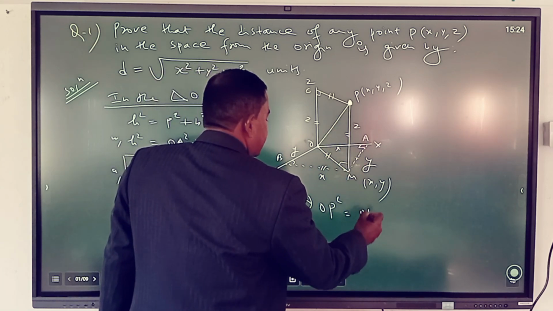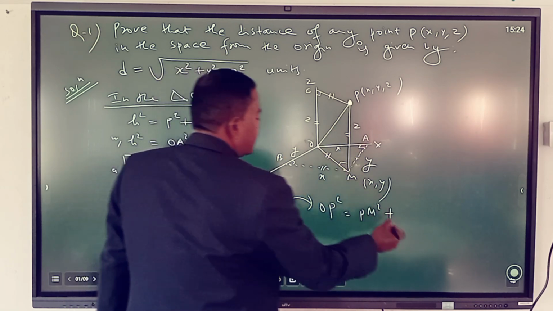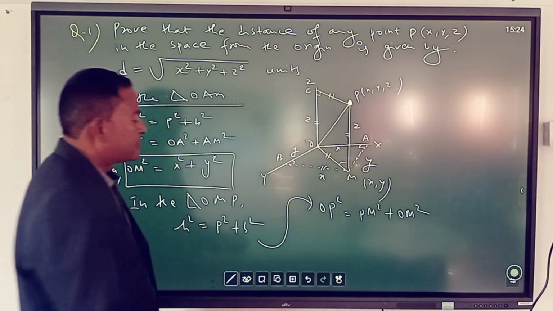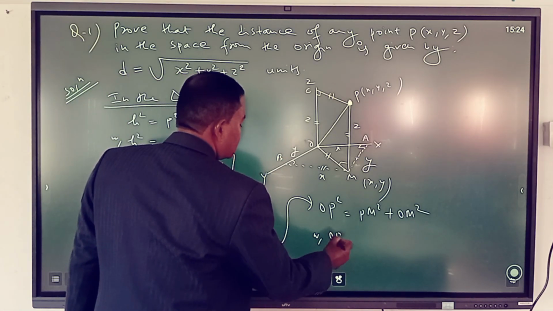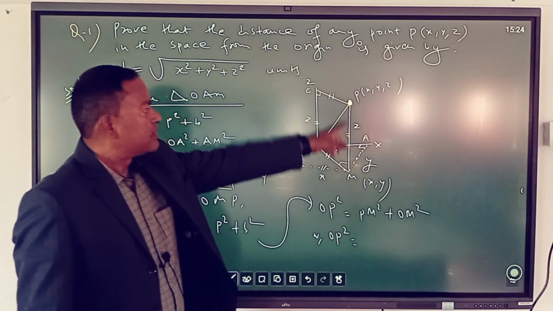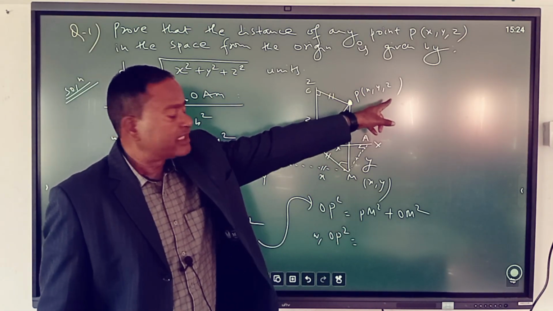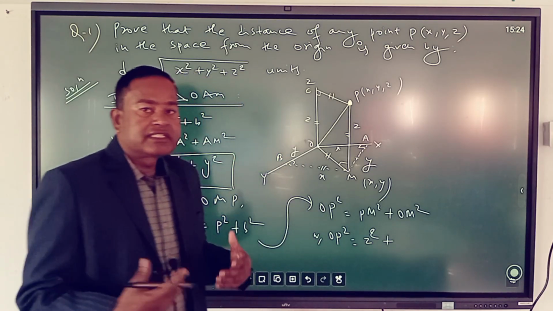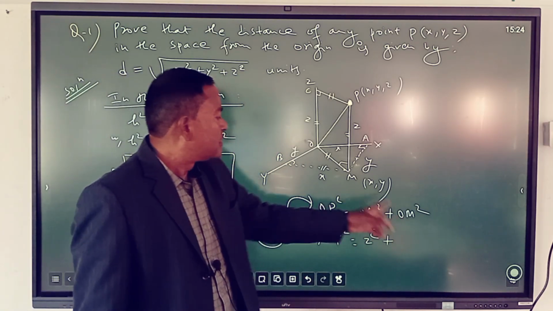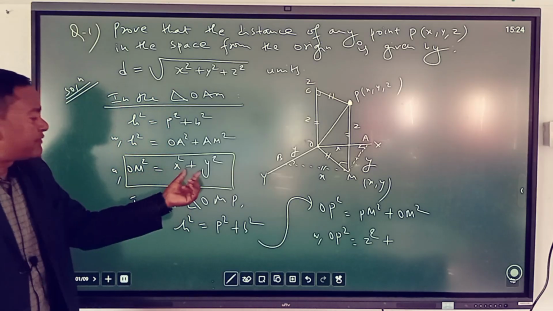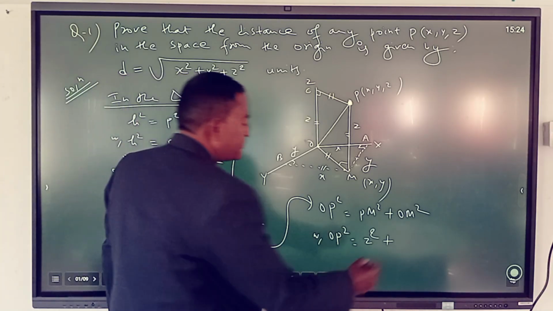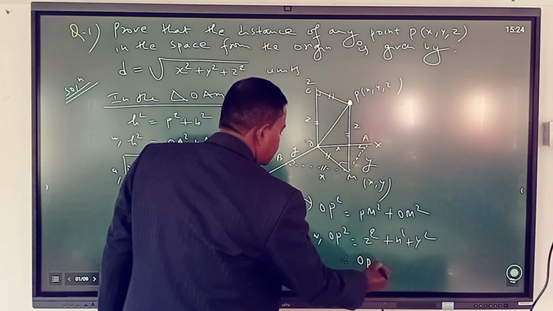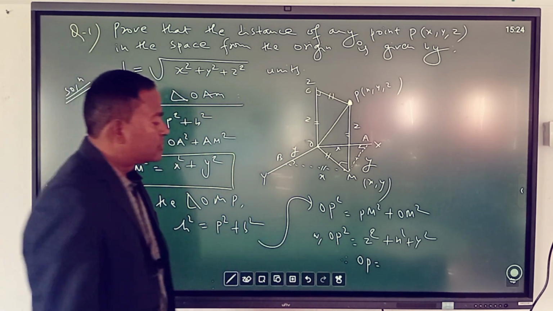So OP square is PM square plus OM square. PM is the z coordinate, so we can say z square plus OM square, and the value of OM square is x square plus y square.